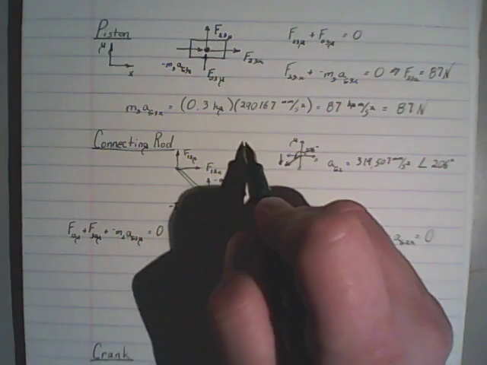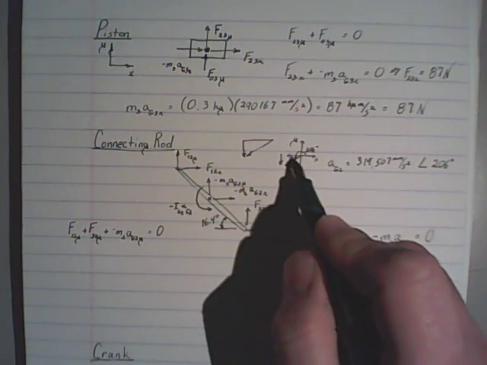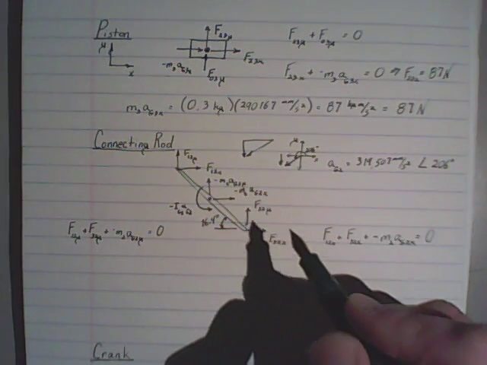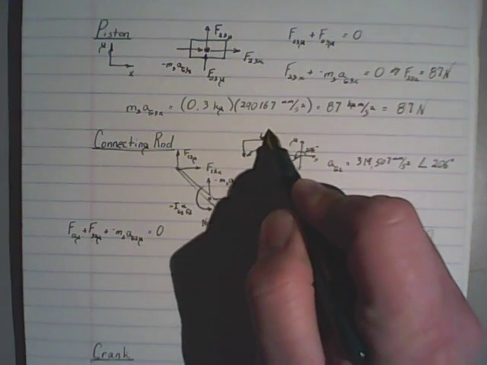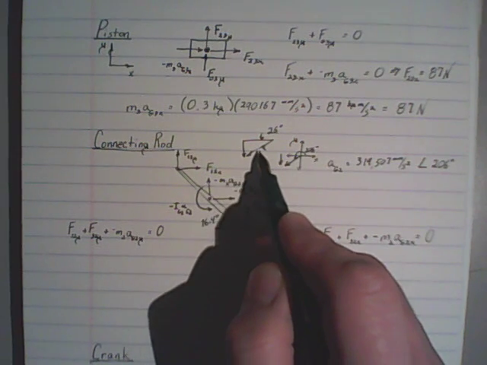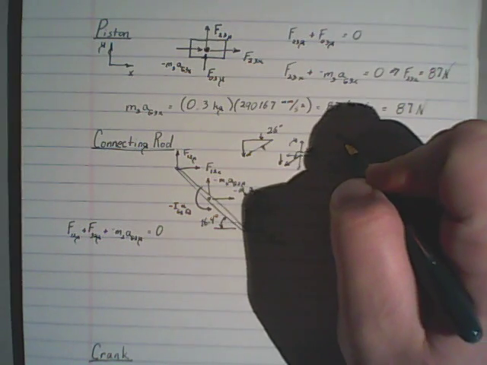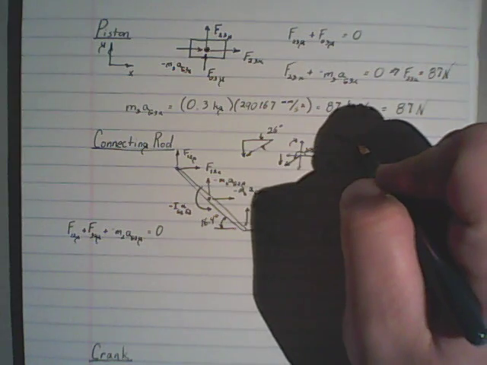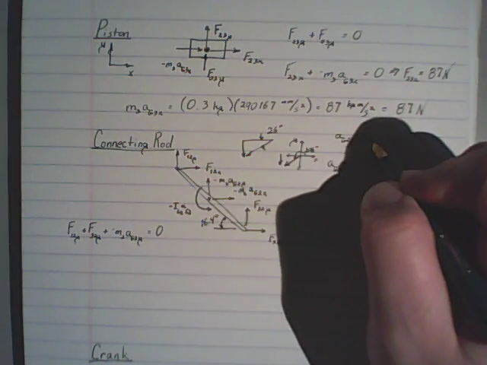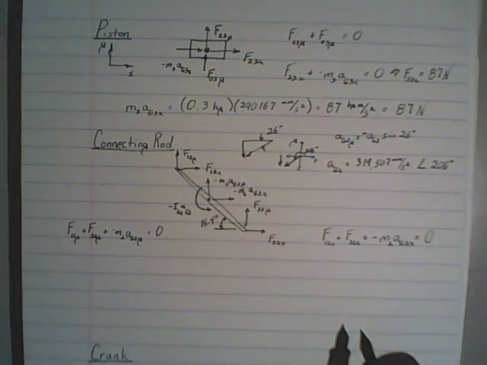I look at it as a right triangle that does this. This included angle in the right triangle is 180 degrees less than 206, so that tells me that I have a 26-degree angle here. Basic sine relationship: this leg divided by this leg is equal to the sine of 26. Therefore, a_g2y is equal to, this is negative, remember, negative a_g2 times the sine of 26 degrees.